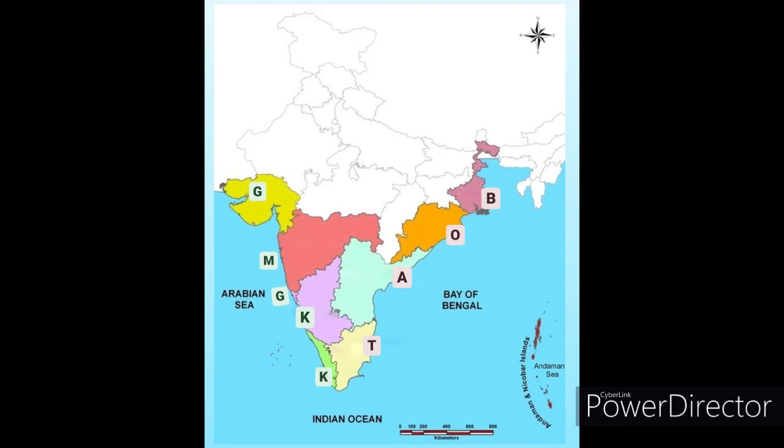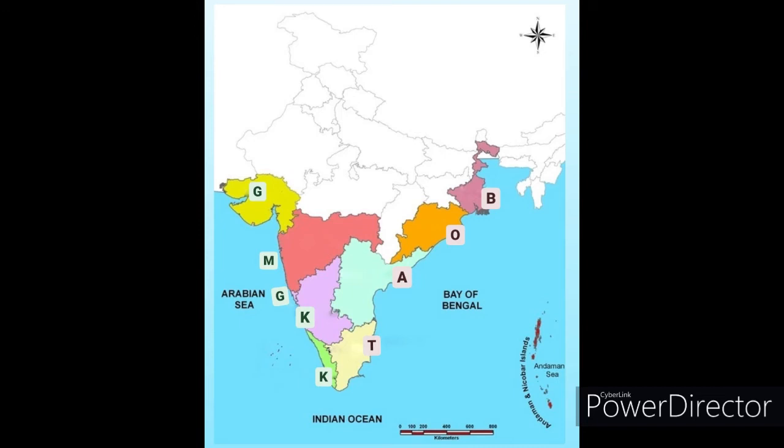Here is a trick for you to memorize the names of the states belonging to the coastal plains. BOAT, KKGMG. BOAT stands for Bengal, which stands for West Bengal, O for Odisha, A for Andhra Pradesh, T for Tamil Nadu.